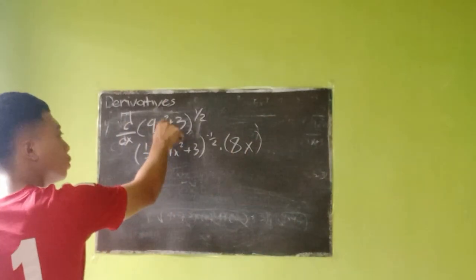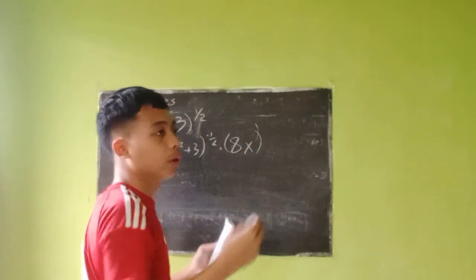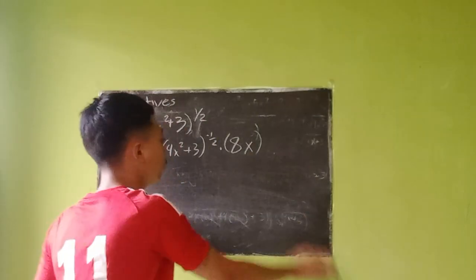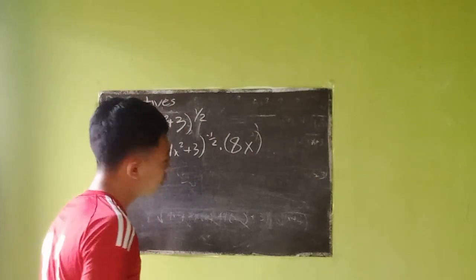Because look, x raised to the power of 2 minus 1 is 1, which leaves you with 8x.